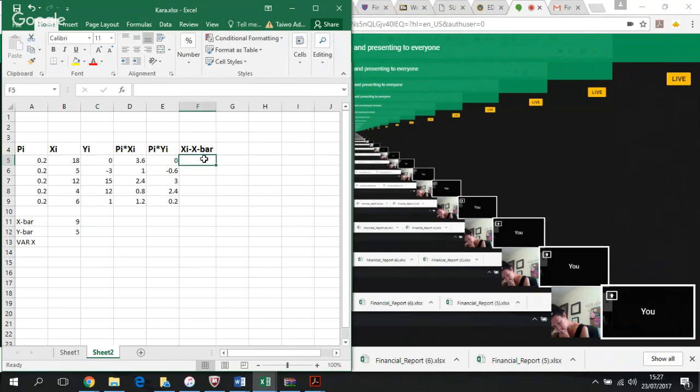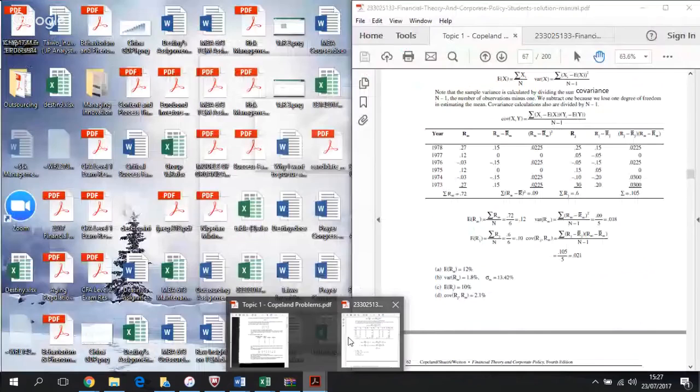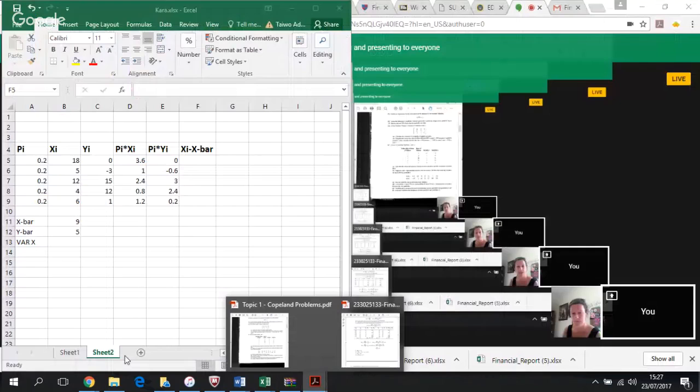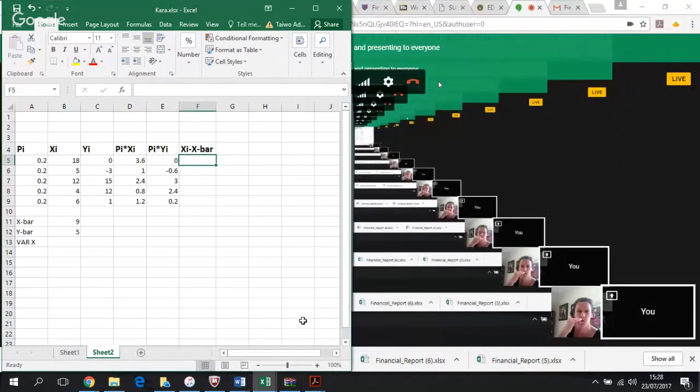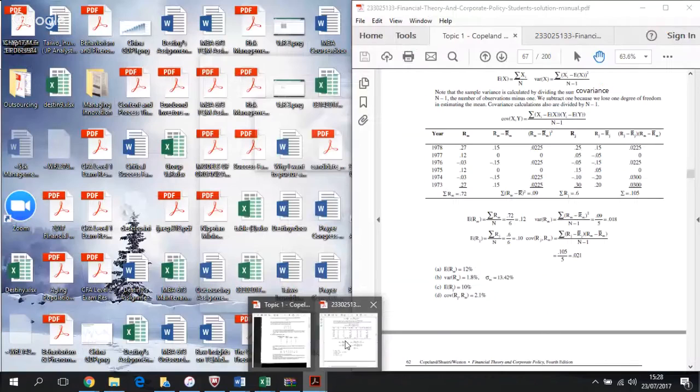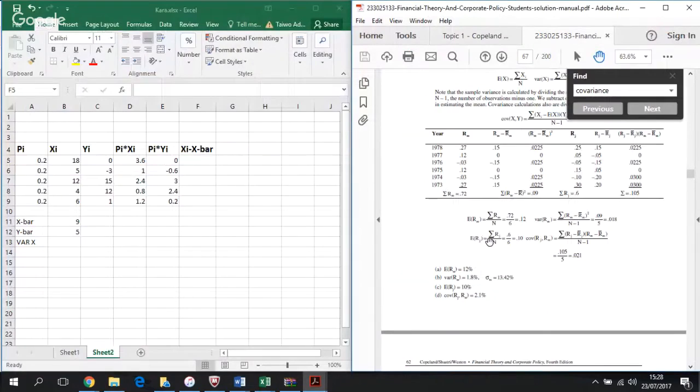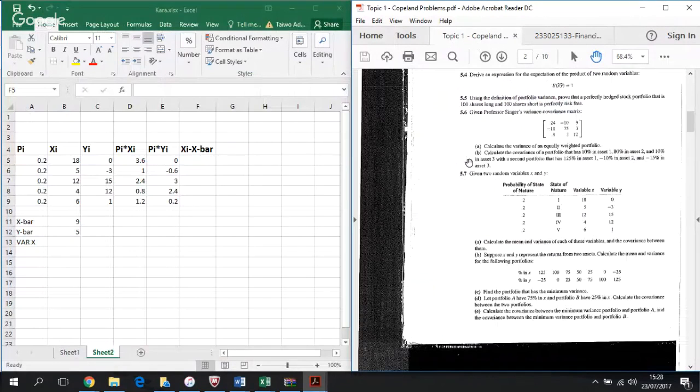Which one are you looking at? I sent the solutions too, so I'm just trying to follow the solution. Okay, where is the solution? That's in the PDF file, the finance theory. On page 48, there's the solution.